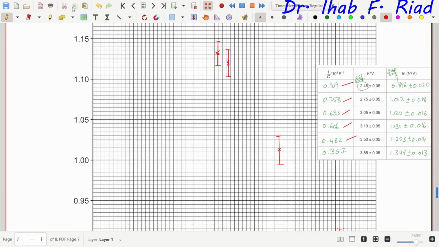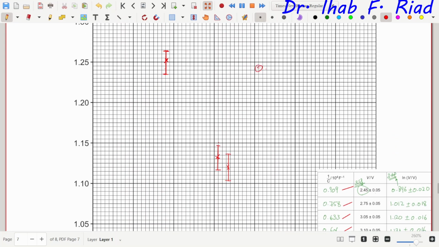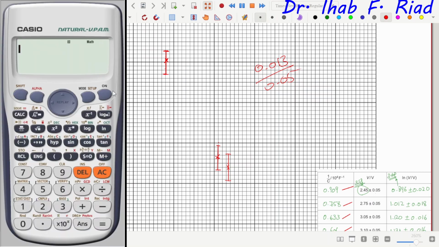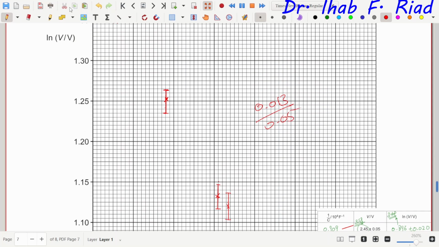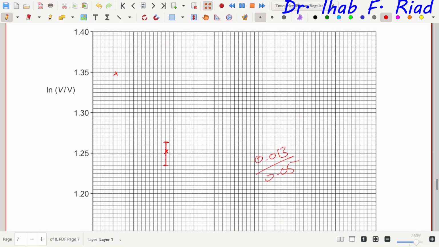We have 0.013 divided by 0.05, which is 0.26. So we count 2.5, almost 2.5.